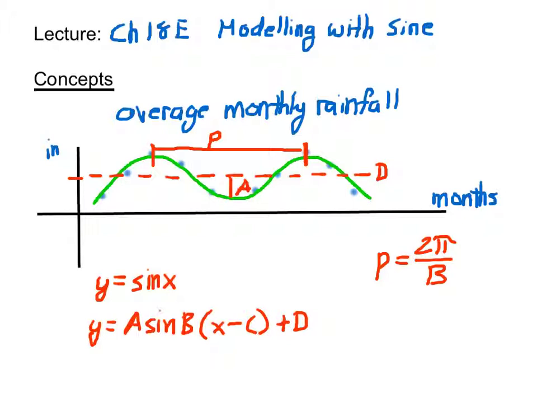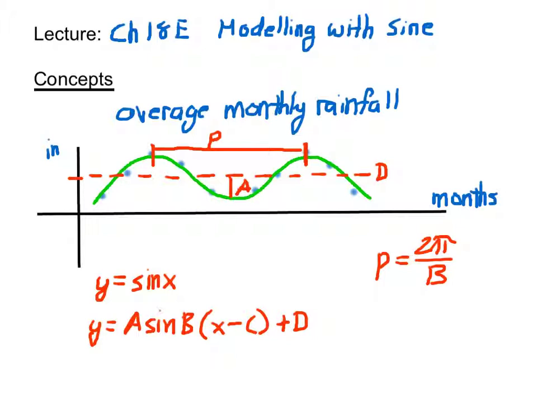Now, when we're modeling, more often than not, we're going to know p instead of b. Right? P is how often the graph repeats, and that's something we can actually look at on the graph.